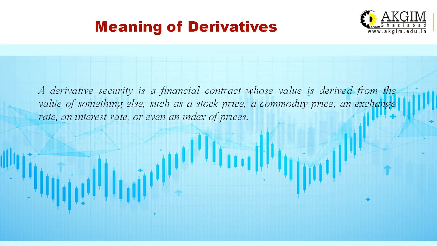We can say derivative refers to the security or to the contract that derives from another, whose value depends on another contract or asset. As such, financial derivatives are financial instruments whose price or values are derived from the price of other underlying financial instruments or financial assets.